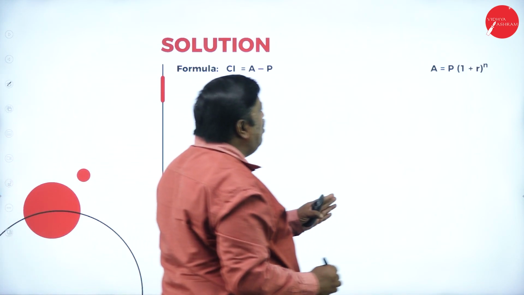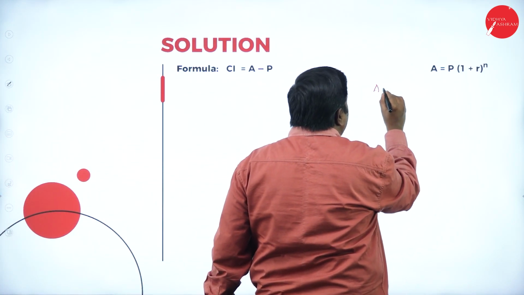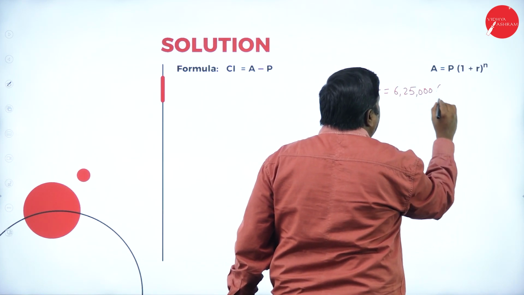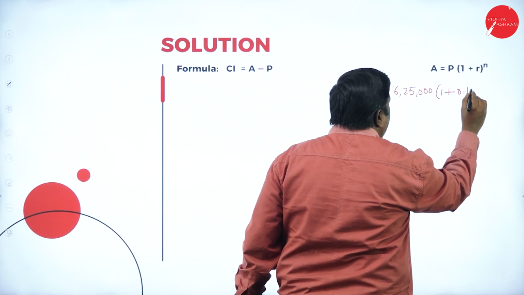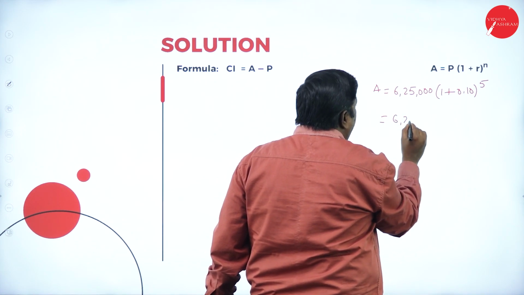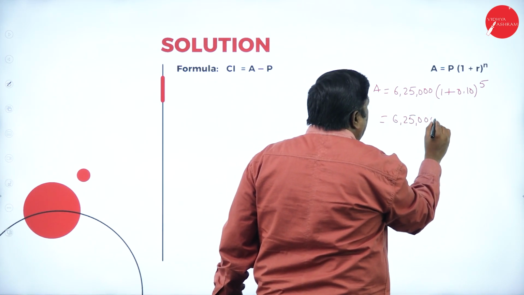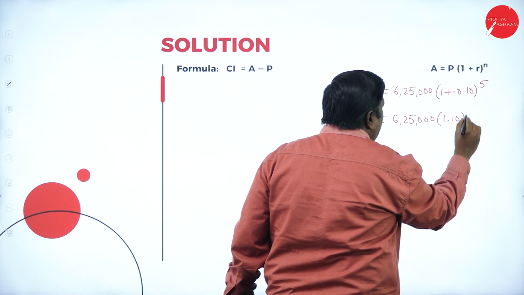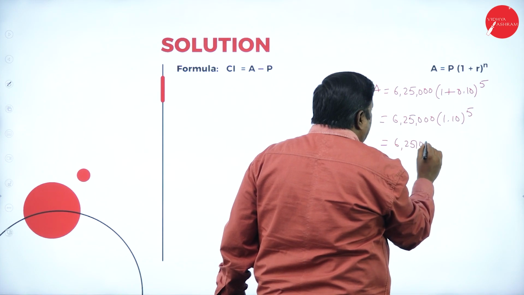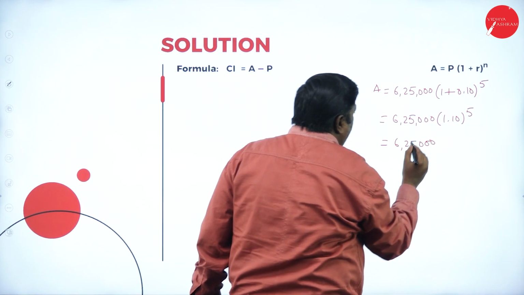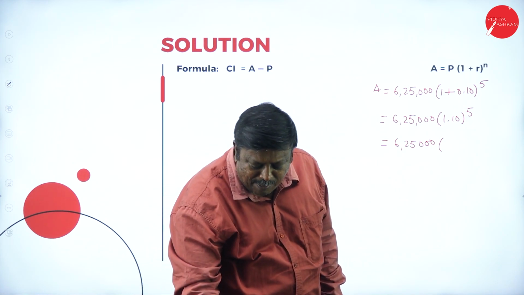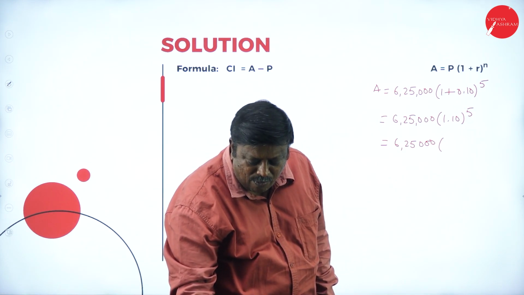So my annuity will be 6,25,000 into 1 plus 0.10 to the power of 5, which is 6,25,000 into 1.10 to the power of 5, that is 1.1 multiplied 5 times.